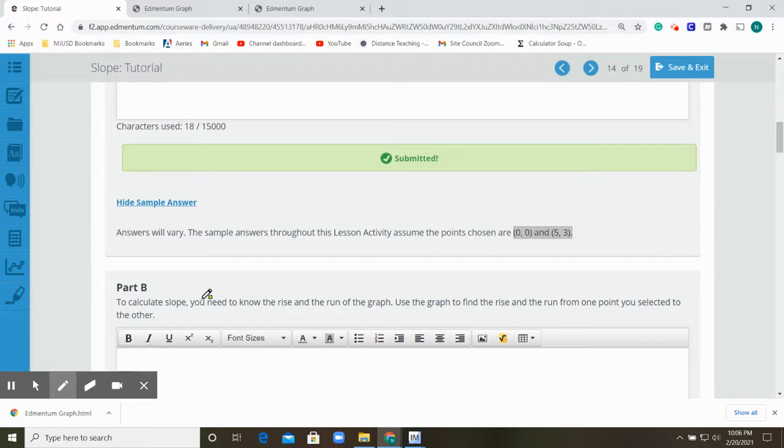To calculate slope, you need to know the rise and the run of the graph. Use the graph to find the rise and the run from one point you selected to the other.